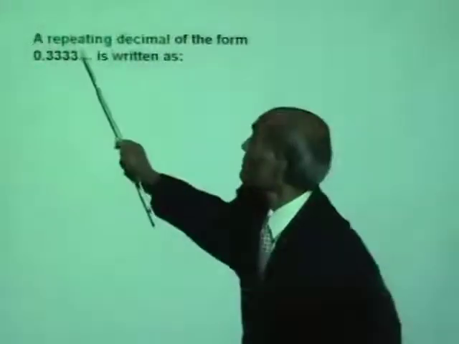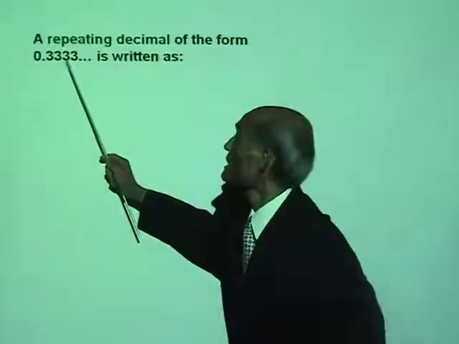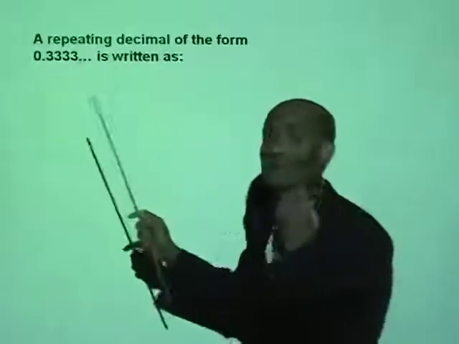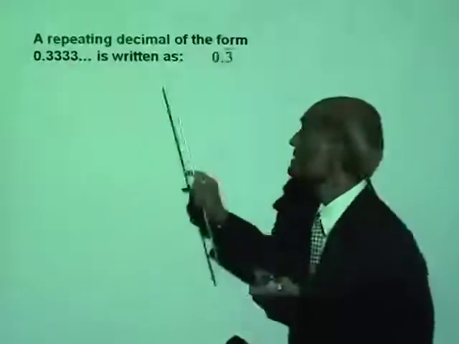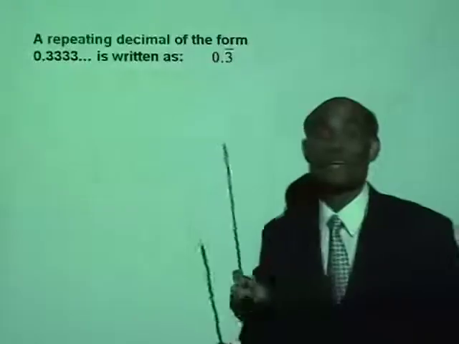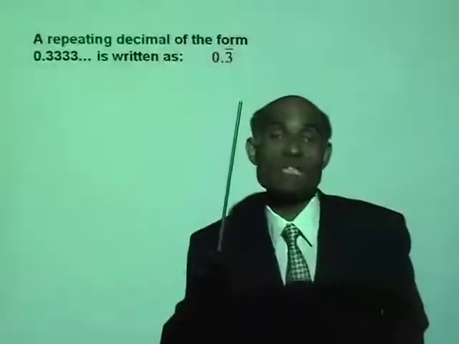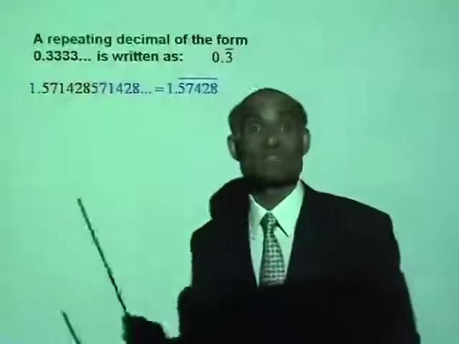Now, a repeating decimal of the form 0.3333 and so on is written using a shorter notation. Look at this: 0.3 with a line on top of the 3. The line on top of 3 tells you that the 3 is repeated.